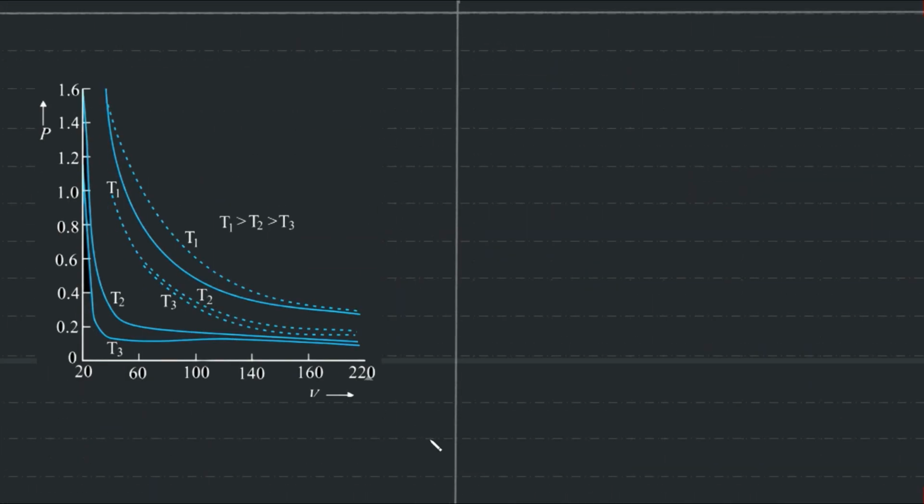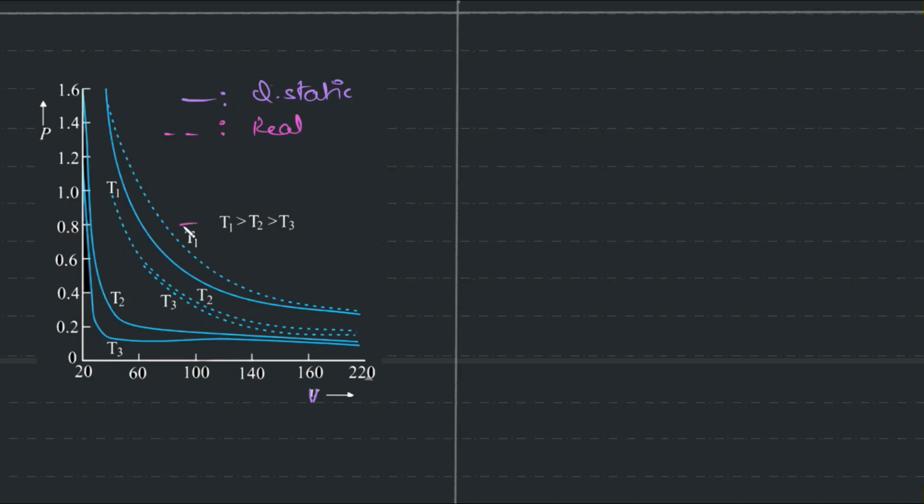So what we're looking at is a pressure-volume graph of an ideal gas, and the solid line over here is related to quasi-static, and the dotted ones over here is your real one.